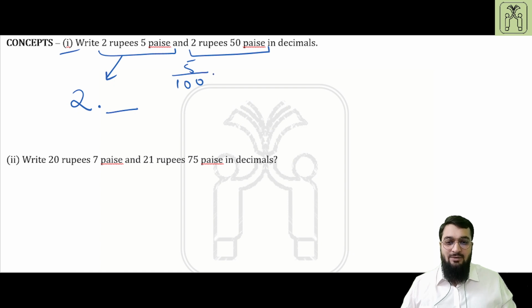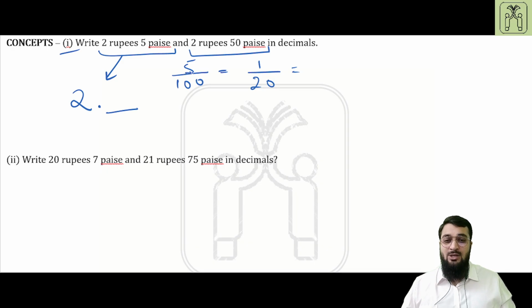And if you divide it, what will you get as an answer? You will get 1 upon 20. This will be the answer. After that, you will just divide 1 by 20, and that will give you the answer of 0.05.